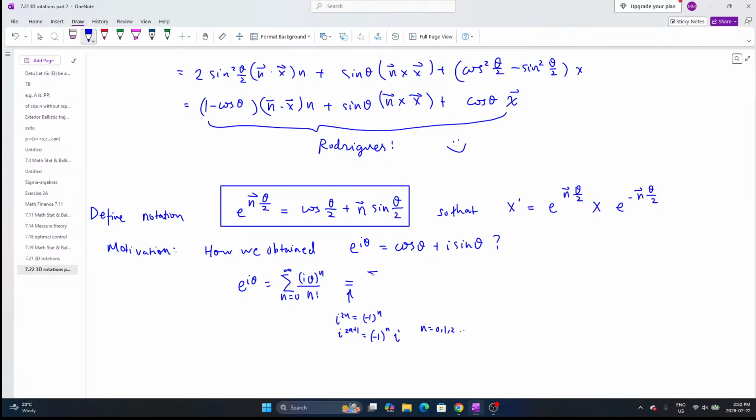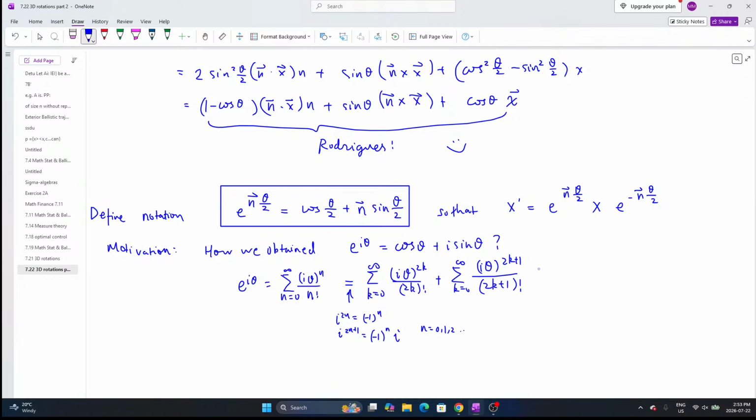So you can split the sum in half. You get k from 0 to infinity of i theta to the power of 2k over 2k factorial, plus the sum, k from 0 to infinity, of i theta to the power of 2k plus 1 over 2k plus 1 factorial.